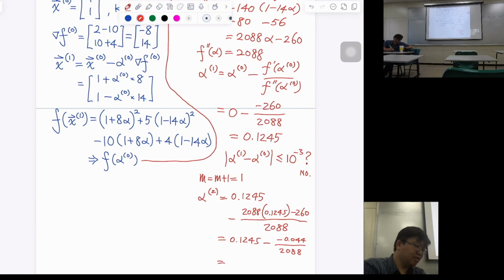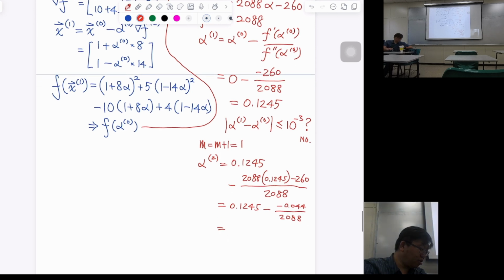Okay, very small number. So 0.1245 plus 0.044 over 2088.